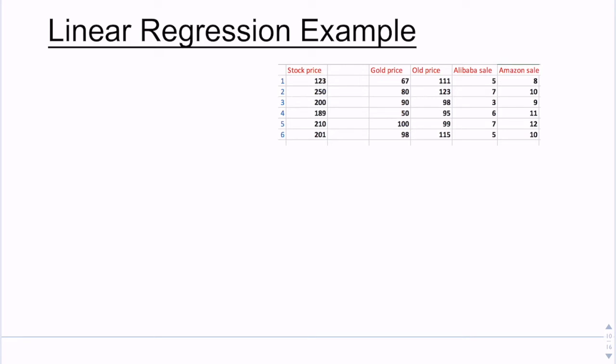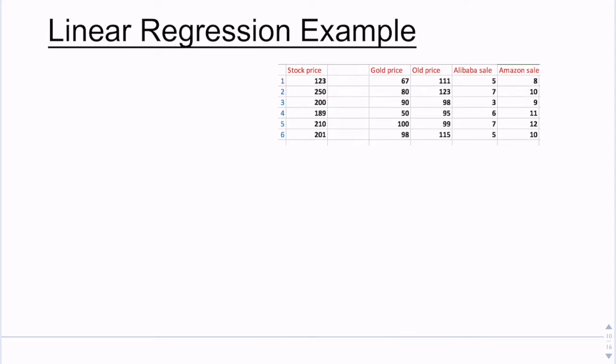The features we have collected are gold price, oil price, let's say Alibaba sale, and also Amazon sale. In other words, if you have these 4 features, can you tell me what the stock market price is today? These are for 6 days. We have collected this data. We know that this is not enough samples, but let's consider this one as an example.